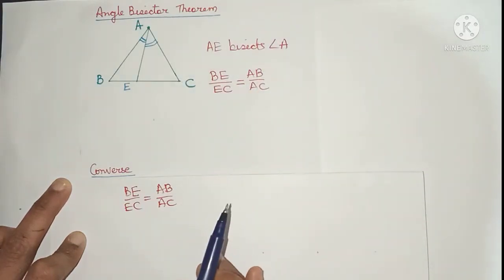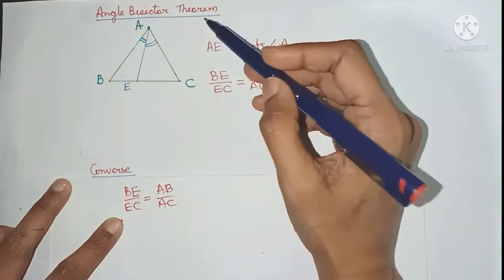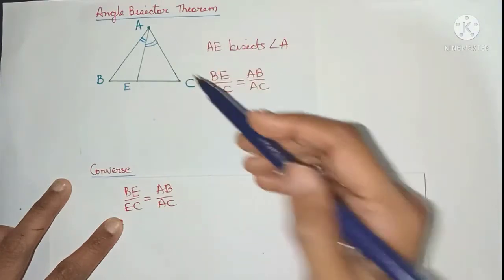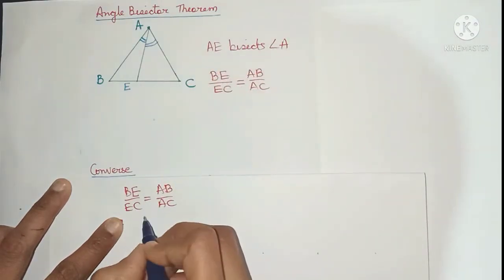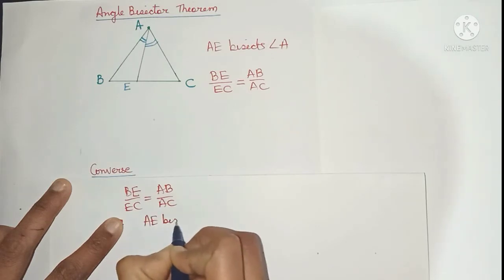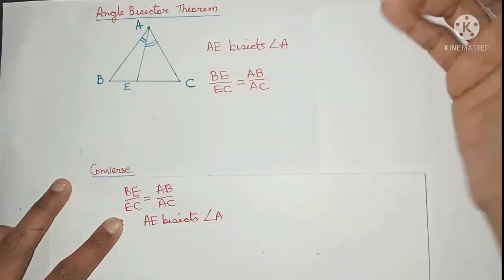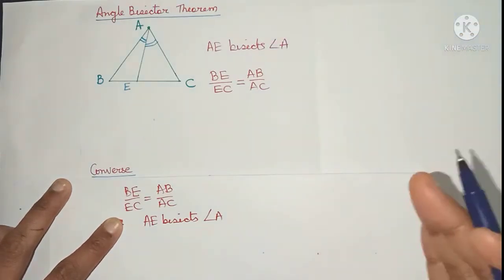If this is given to us, then the converse of this theorem states that this segment AE actually bisects angle A. That is, AE bisects angle A. So this is the other way round of the angle bisector theorem, that is the converse.